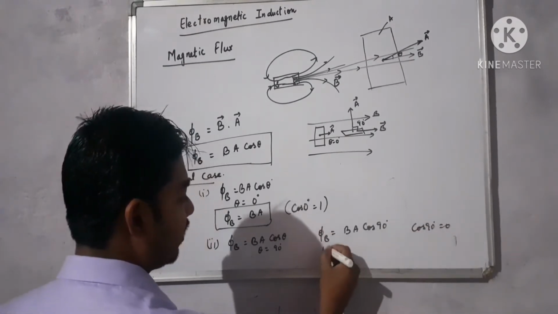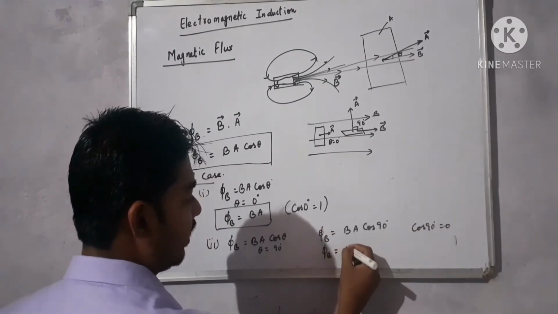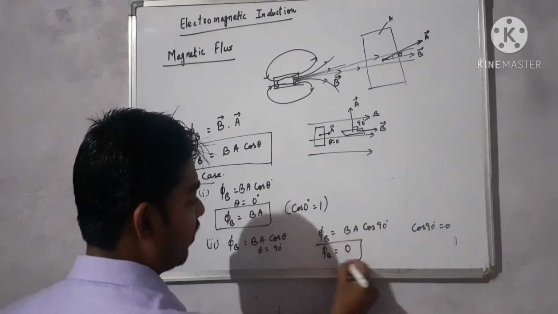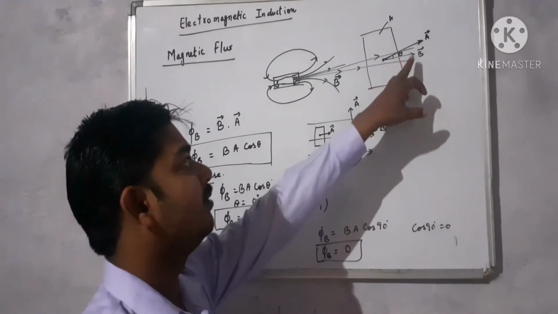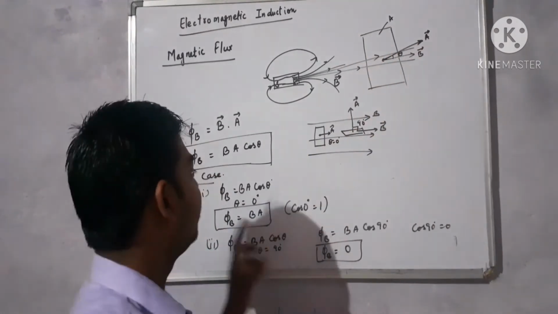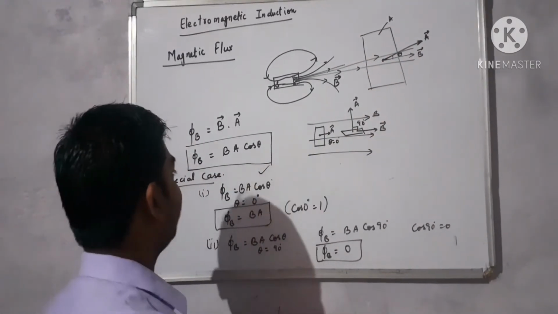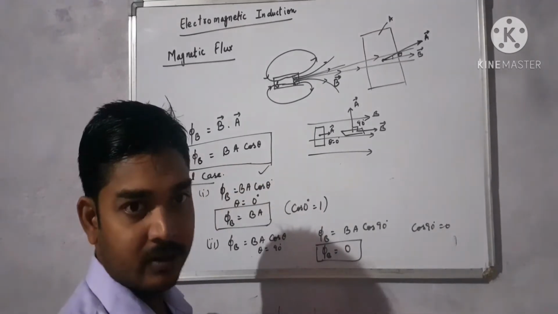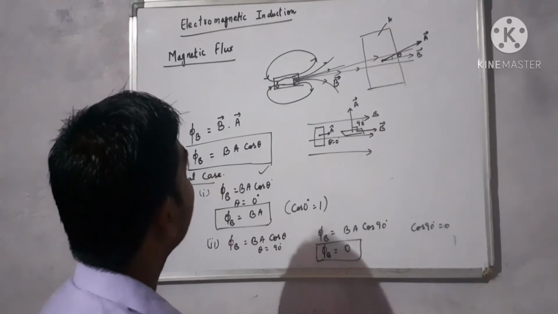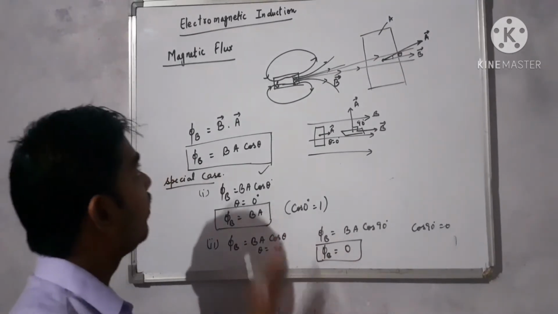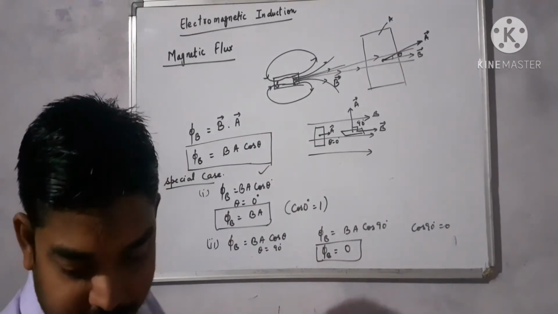So the flux through the area will be 0. This is the minimum flux. When the angle between vector A and vector B is theta, the magnitude of magnetic flux is B A cos theta. After studying this magnetic flux, we will proceed to our topic, electromagnetic induction.